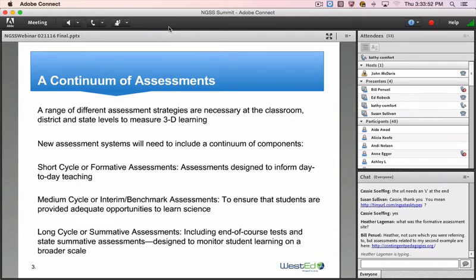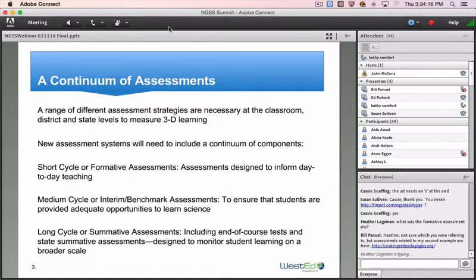Okay, so Bill had mentioned earlier the NRC report on assessment, and that this report is strongly recommending a system of assessment that starts at the classroom level, but also builds up to the state level. So in looking at that continuum, a range of different assessment strategies are really necessary at the classroom, district, and state level to measure three-dimensional learning.